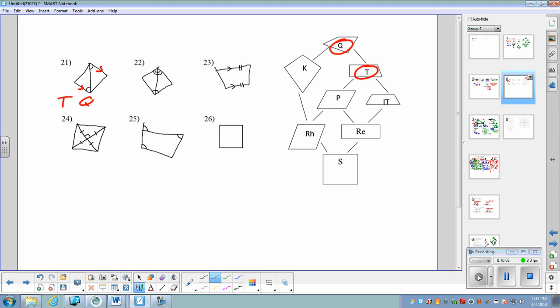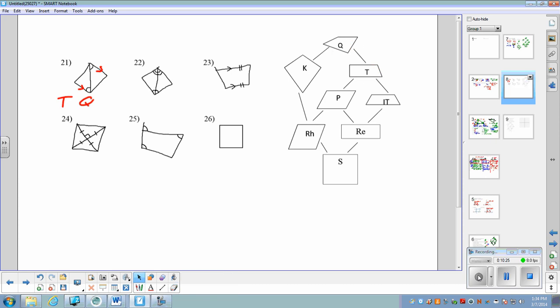Number 22. We have two angle bisectors. It's not jumping out as a parallelogram because we don't have adjacent angles supplementary or opposite angles congruent. So let's lean over to kite because my guess is if it's anything, it's going to be over in that direction.